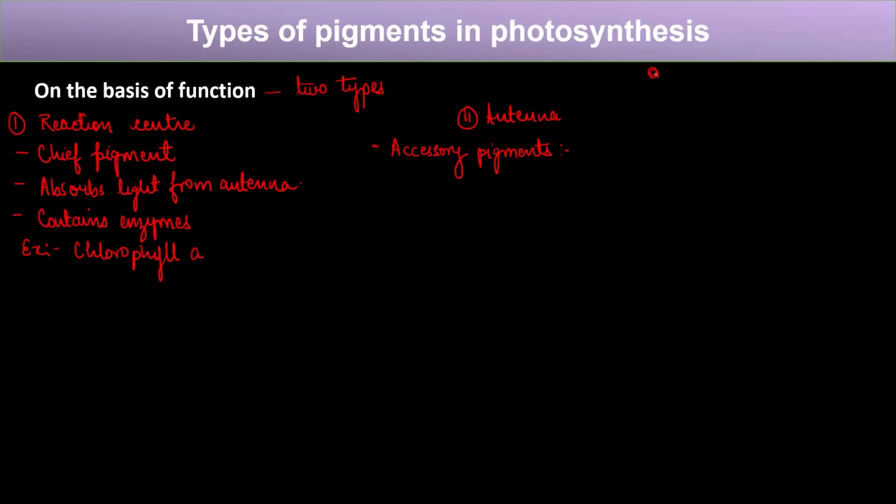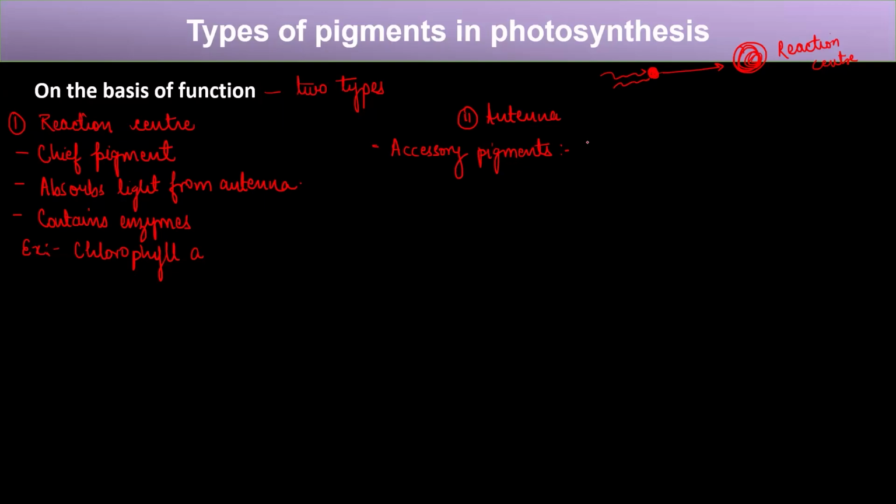Suppose this is your accessory pigment, and this is your accessory pigment. Once it absorbs light, this light will be transferred to your reaction center. Because it is helping the reaction center, these pigments are known as accessory pigments.